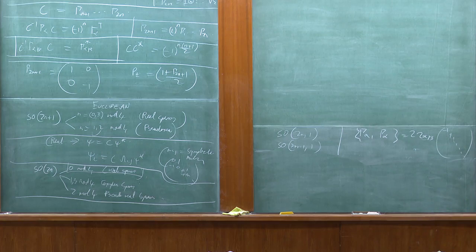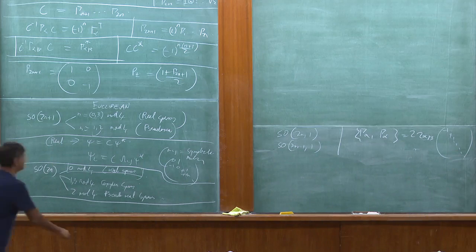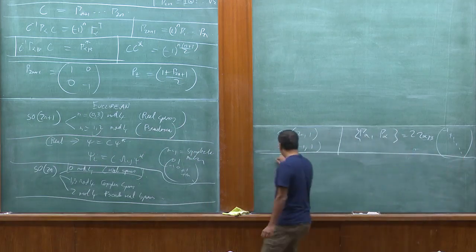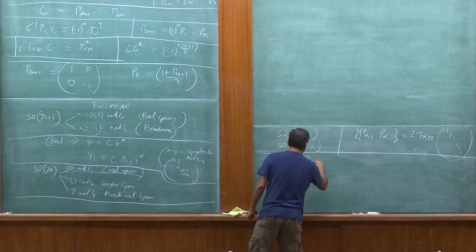All you have to do is take one of the gamma matrices and multiply it by I. So we have to choose one of the matrices. Let's make a choice.